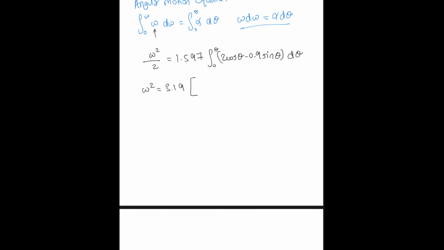And once we integrate 2 cosine theta from 0 to theta, we're going to get 2 sine theta, because 2 sine 0 is 0, minus 0.9, 1 minus cosine theta, because cosine 0 is 1.